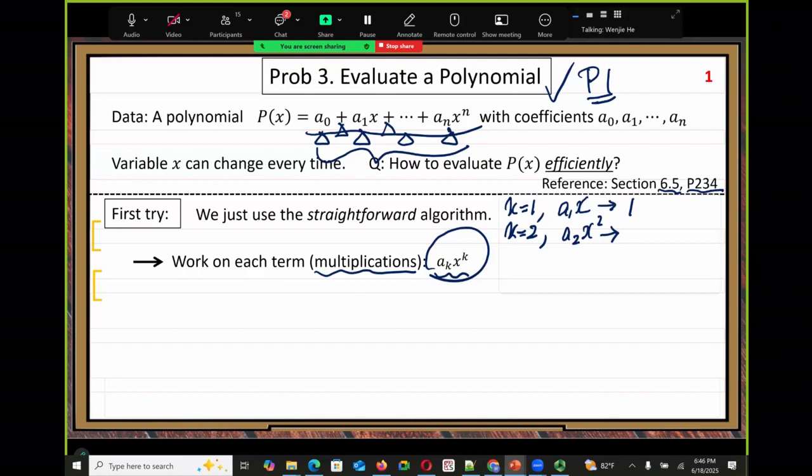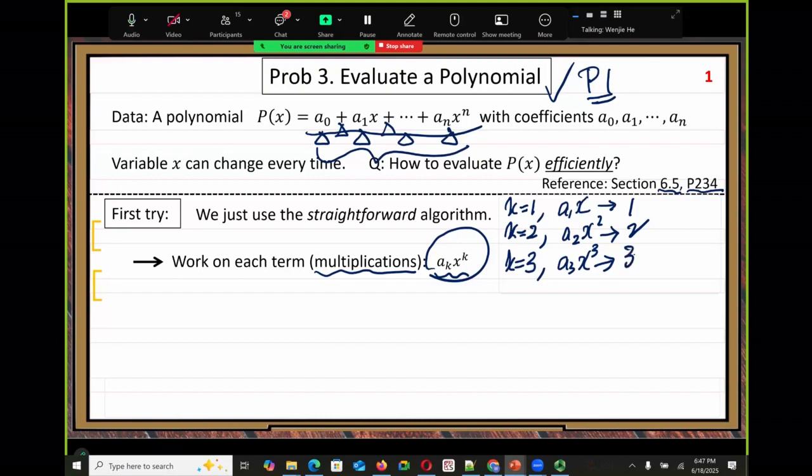Then the a2 coefficient times x squared is your second multiplication. So you need 2 multiplications. Then another experiment: a3 times x cubed. X times x times x is 2 multiplications, then another multiplication, a3 times x cubed.